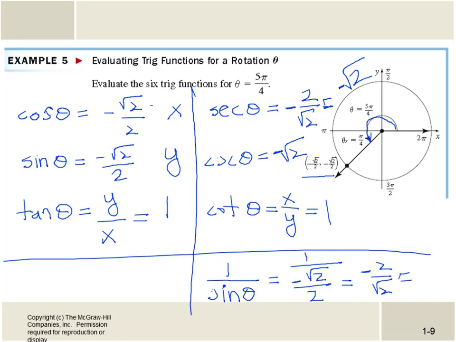And if you rationalize this, actually it's minus the square root of 2, right? Because we multiply by the square root of 2 over the square root of 2. Oh, okay, I see that now. You see it now? Okay, very good. Thanks for asking, by the way. Please ask these questions. Any other questions?